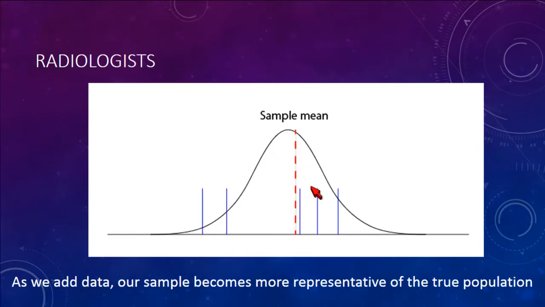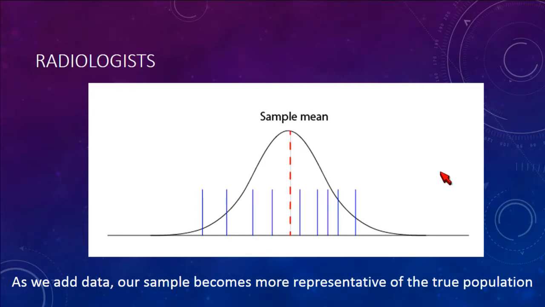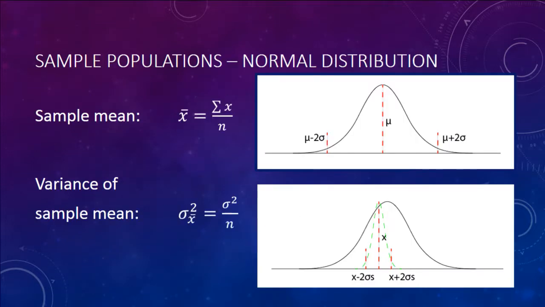And as I add in more people, our estimate of where that population mean might lie with regard to our sample mean is going to narrow in more and more. And so as we add larger and larger populations, our sample mean converges asymptotically towards our population mean.